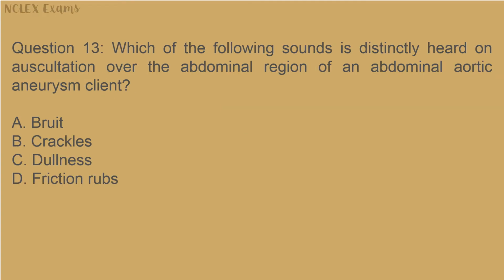Question 13. Which of the following sounds is distinctly heard on auscultation over the abdominal region of an abdominal aortic aneurysm client? A. Bruit. B. Crackles. C. Dullness. D. Friction rubs.